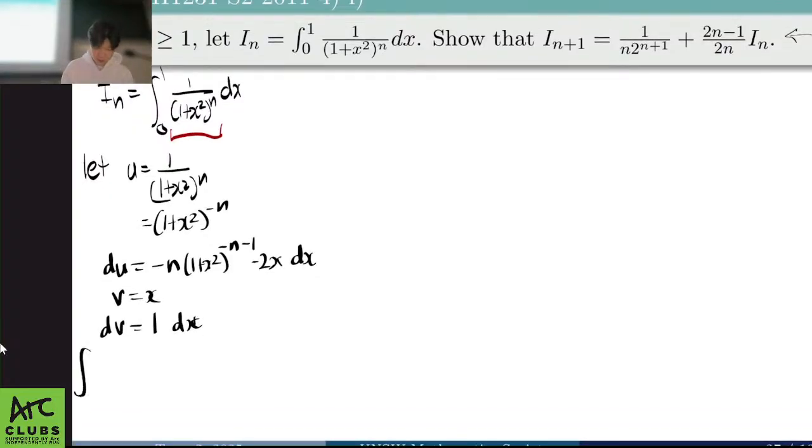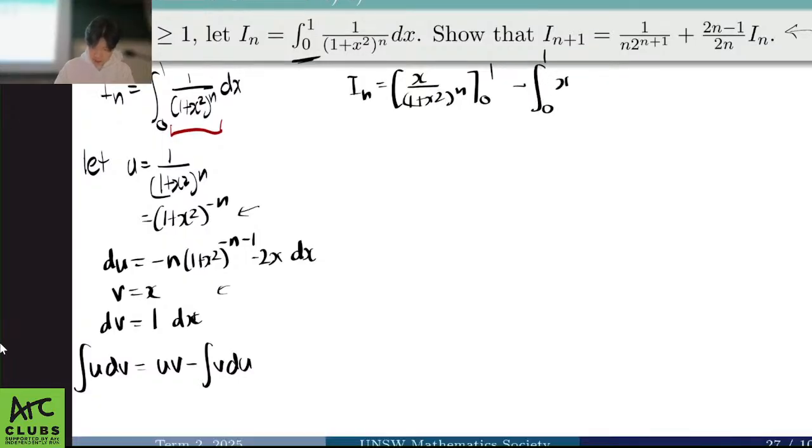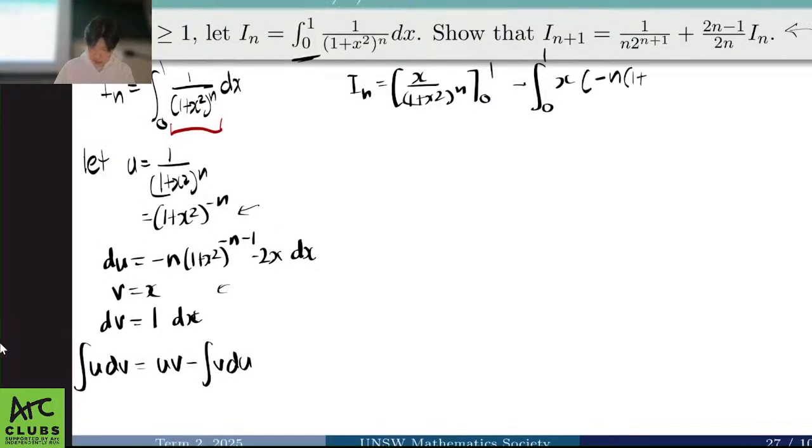Now I want to plug it into the by parts formula, which is uv minus integral of v du. So it's going to be uv, so x on (1 plus x squared) to the power n from 0 to 1, because our integral is bounded from 0 to 1, minus the integral from 0 to 1 of v, that's x, and du. So that's minus n (1 plus x squared) to the minus n minus 1 times 2x dx.